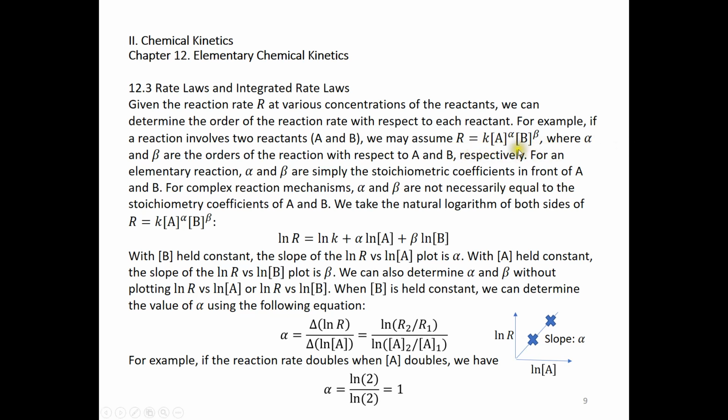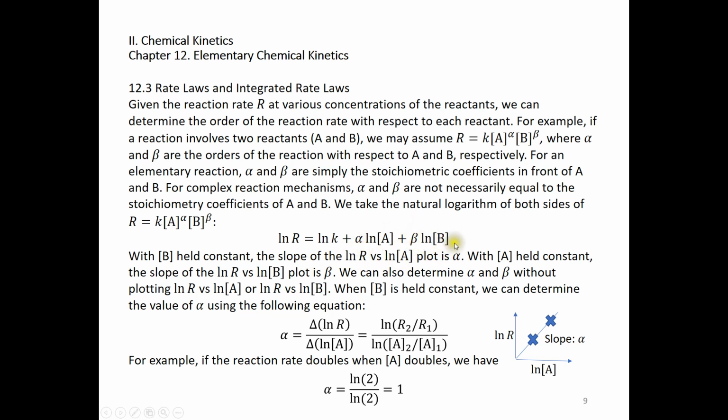But now let's just assume this equation is sufficient to describe the mechanisms, and then we can take the natural logarithm of this equation. We get the natural logarithm of R is equal to the logarithm of k plus alpha times the logarithm of A plus beta times the logarithm of B. If B is held constant, then we have ln R versus ln A graph with a slope of alpha.